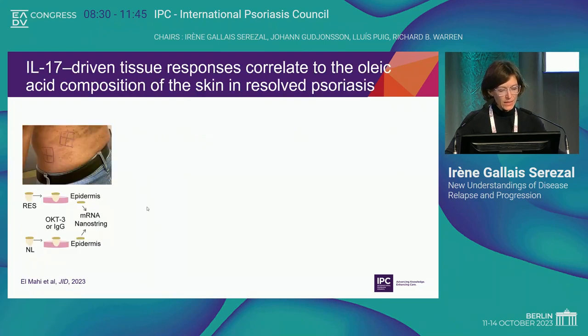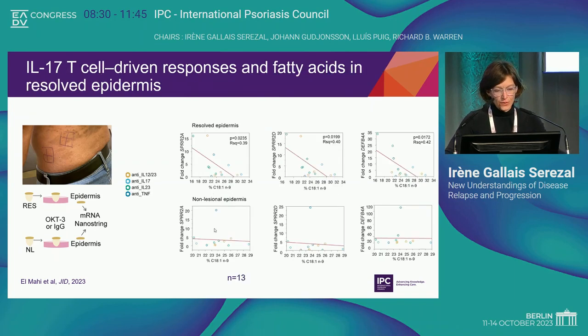And what we did as well, on the patients this time, is to take resolved skin and non-lesional skin, activate the T cells, as I showed you before, and do some NanoString analysis. And we could see, so this is resolved skin, this is non-lesional. In resolved epidermis, these IL-17 related markers, small proline-rich proteins 2A, 2D, and defensin, were inversely correlated to one fatty acid, that is oleic acid.